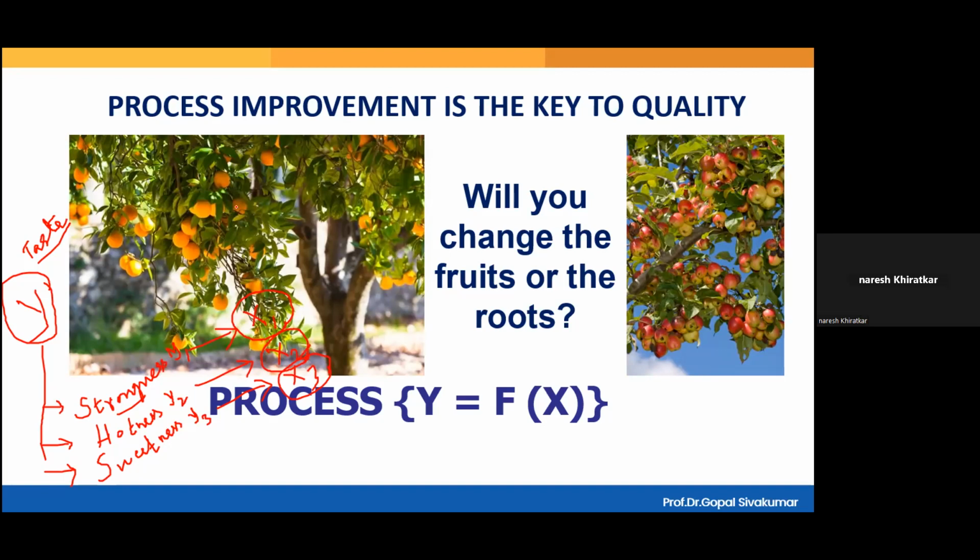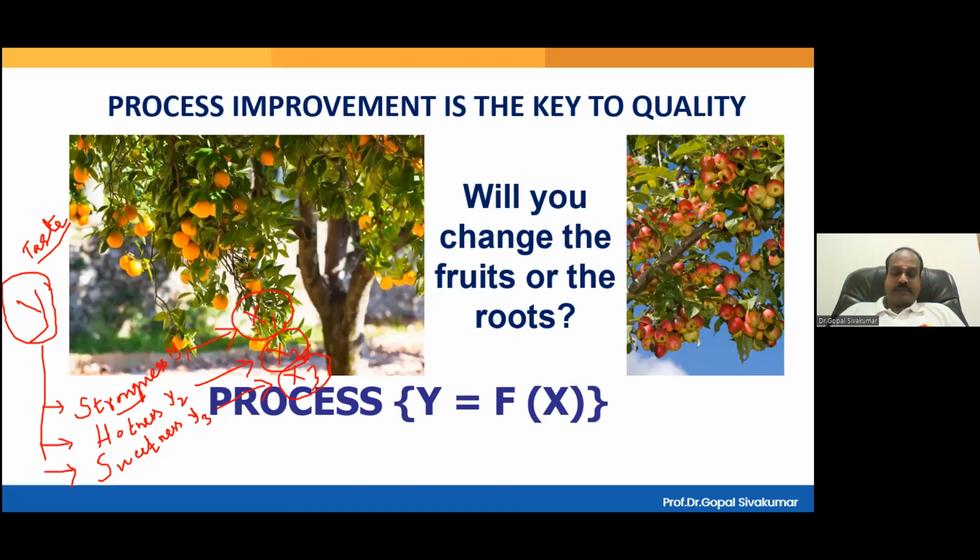Sweetness also increases. This is known as positive relationship, directly proportional. Sometimes what happens, I increase X, but my Y will decrease. Then the relationship is negative.